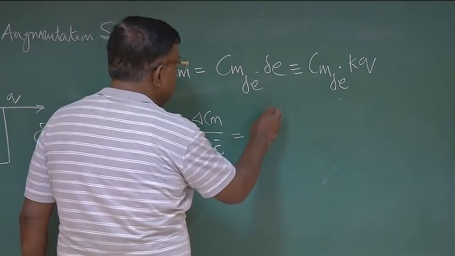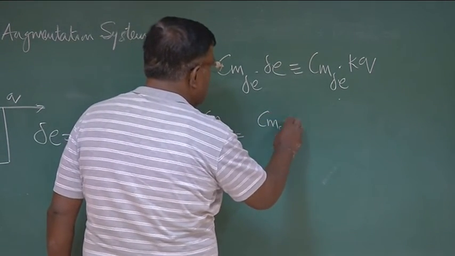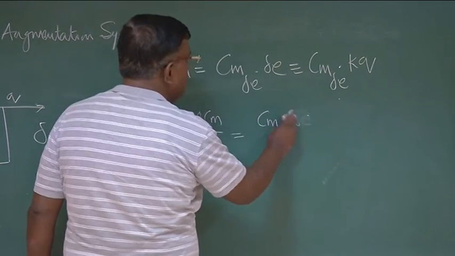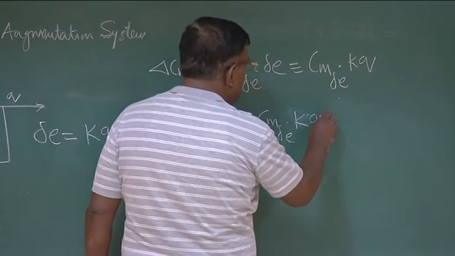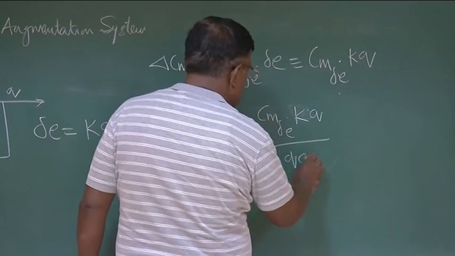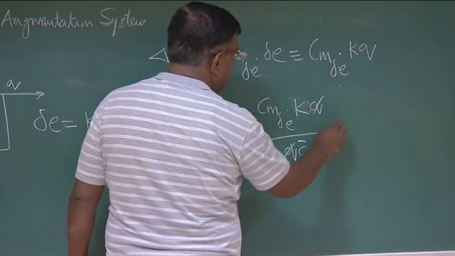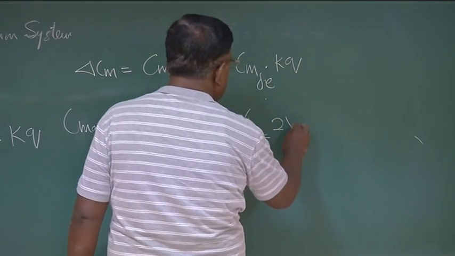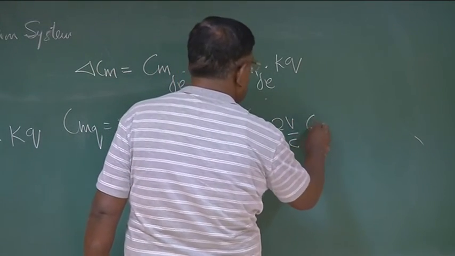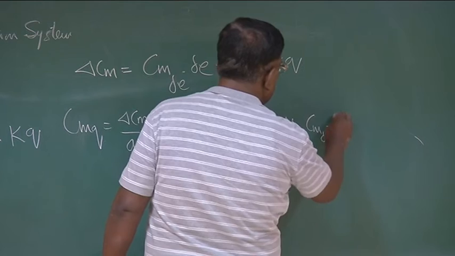So I write this as Cm delta E into delta E, which is KQ, divided by Q C bar by 2V. So Q gets cancelled, and this becomes 2V by C bar into Cm delta E into K.